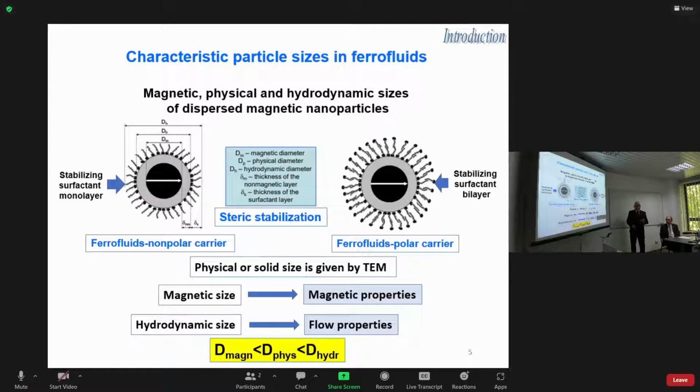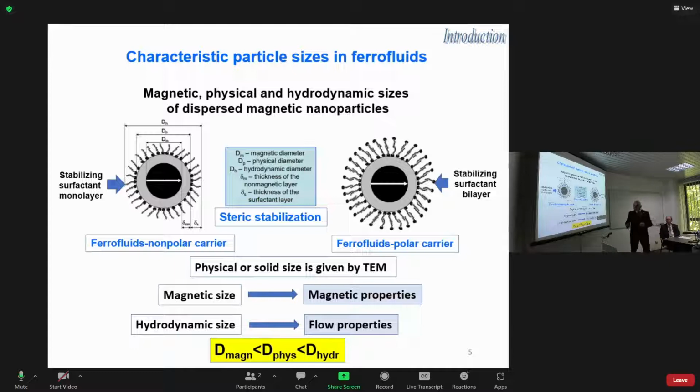Now, what is important for what I would like to say further is the various sizes of these particles. Usually, a nanoparticle of this size range, about 5 to 10 nanometers, has a problem on the surface, the so-called spin disorder, which makes the outer layer non-magnetic, so it doesn't contribute to the magnetic moment. And this is really an issue for the overall magnetization. This layer is about 1 nanometer.